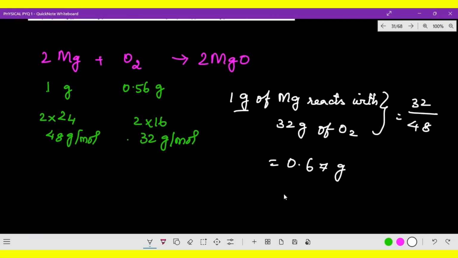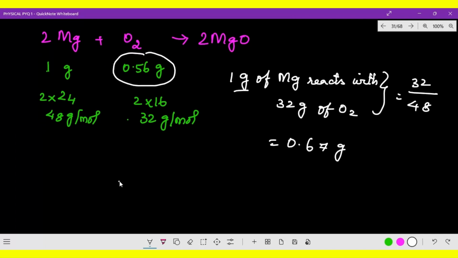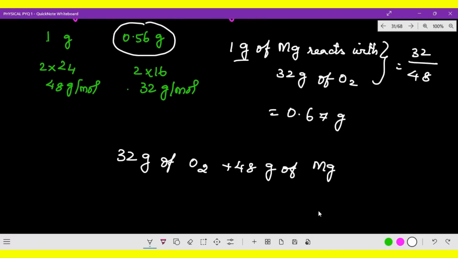Therefore, here what can we bring? The same idea: 1 gram of magnesium reacts with 0.56 gram of oxygen, what is the answer? Cross multiplication. So 32 gram of oxygen with 48 gram of magnesium, therefore we bring another point over here, 0.56 gram of oxygen.